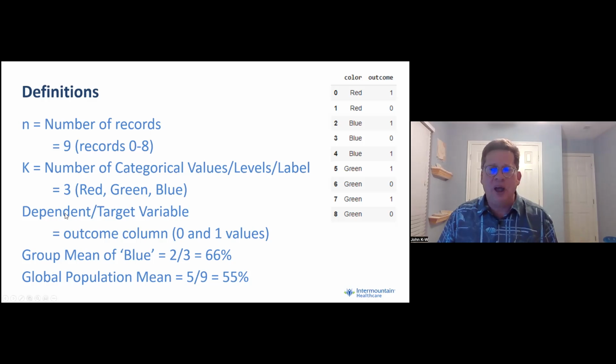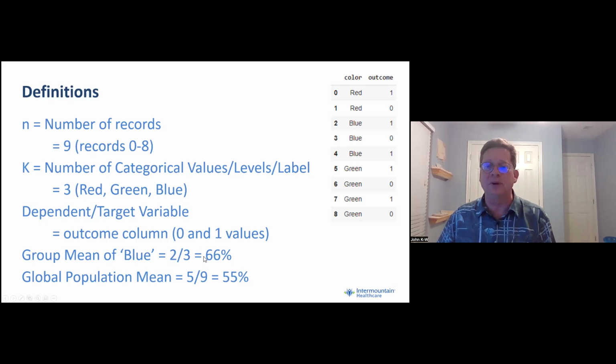The dependent variable is the outcome that you're trying to predict. In this instance, 0's being false, 1's being true. And you'll have terms like group mean. So the mean or target value of blue, we've got 2 instances of 1s and a 0. So that we've got 3 records, so 2 trues out of 3 records.